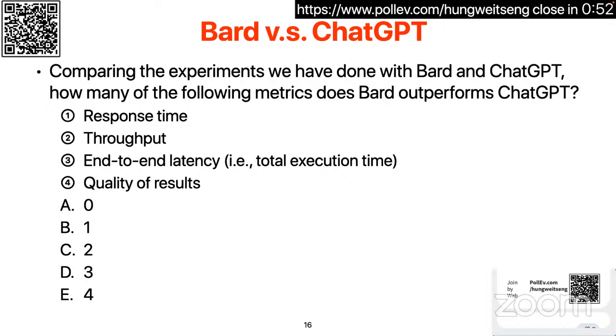I see 7 of you, 8 of you answered. How many of us are here? 2, 3, 4, 5, 6, 7, 8, 9, 10, 11, 12, 13, 14, 15, 16. Okay, we have 12 answered.